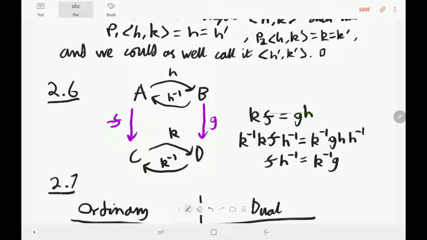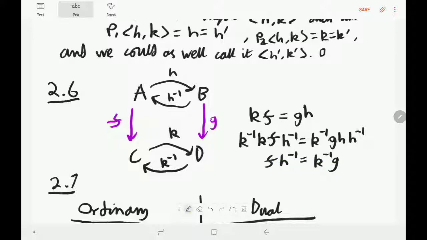All we do is take this equation and compose it with k^-1 on the left and h^-1 on the right. The inverses cancel out and we get this formula.